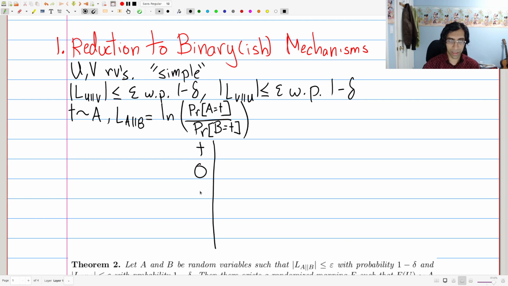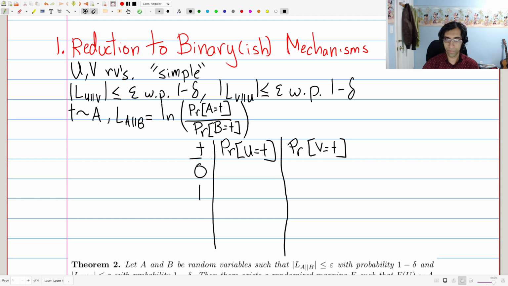So let's try starting with a binary random variable and compare the probability that U is equal to t to the probability that V is equal to t. We're going to try to define it to have a natural epsilon-delta DP guarantee.